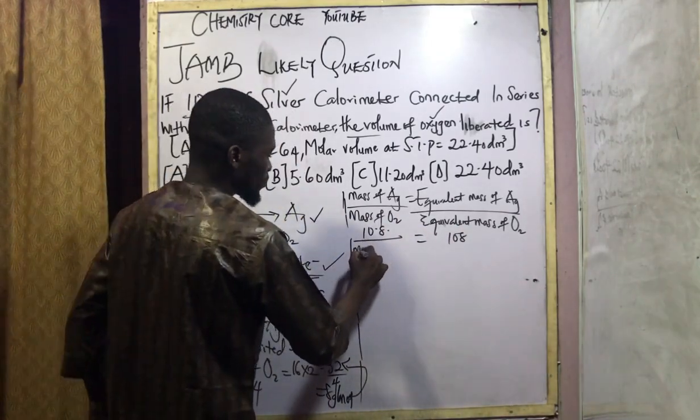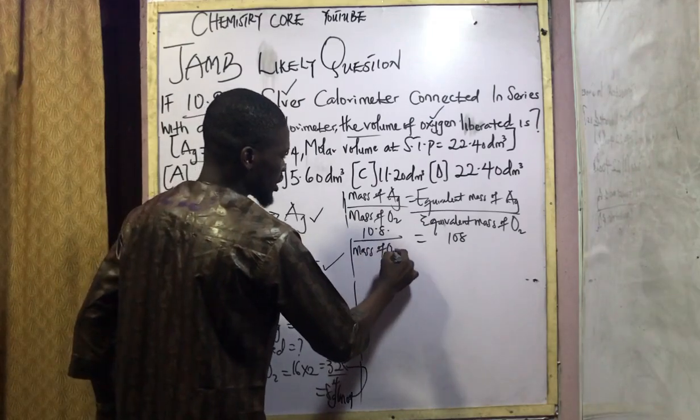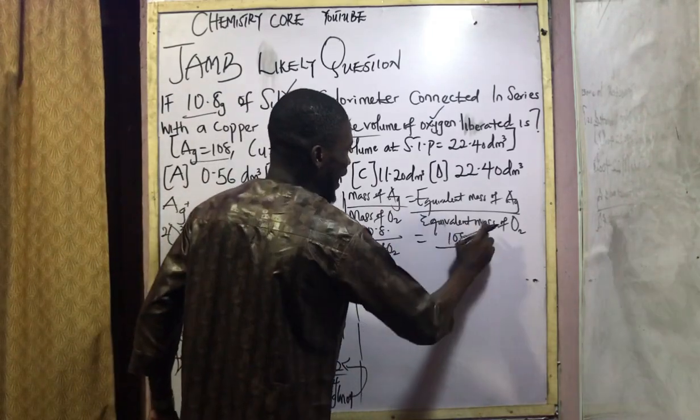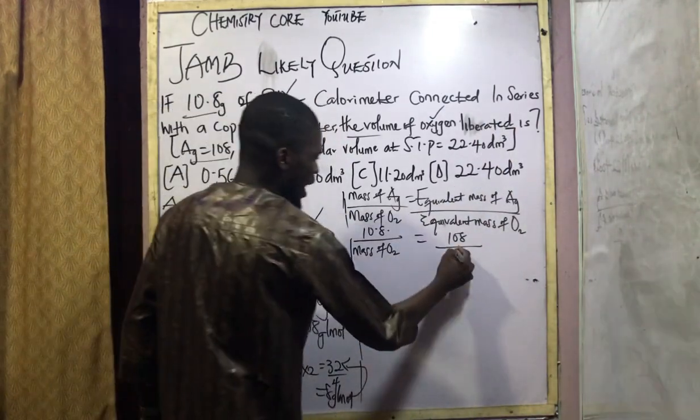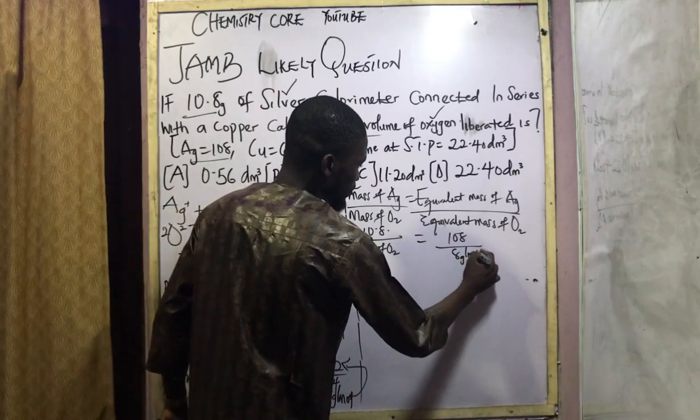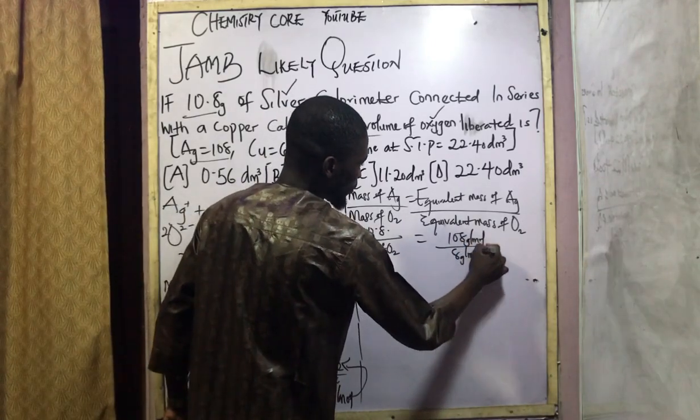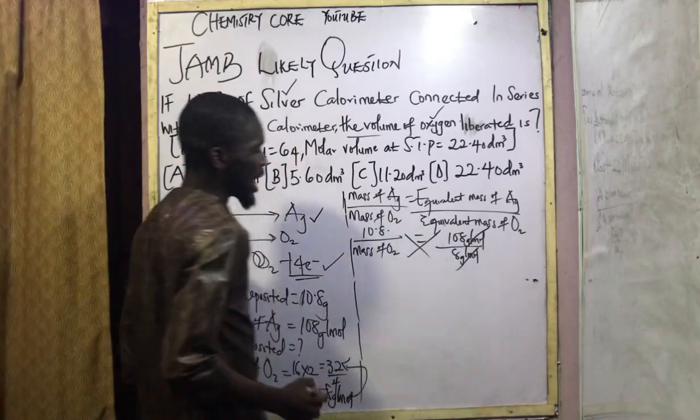Mass of oxygen deposited, we don't know it. Equivalent mass of oxygen gas is what? 8 gram per mole. So let's cross multiply.